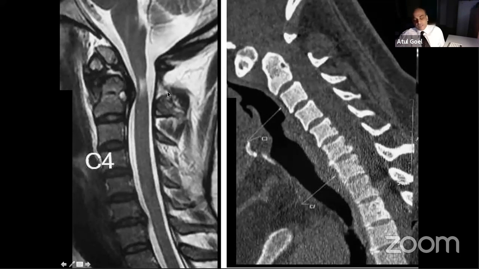I must say that this os odontoideum is an indicator of atlantoaxial instability, and it needs atlantoaxial stabilization. It looks very simple, but if you read the literature, this concept is not at all clear.